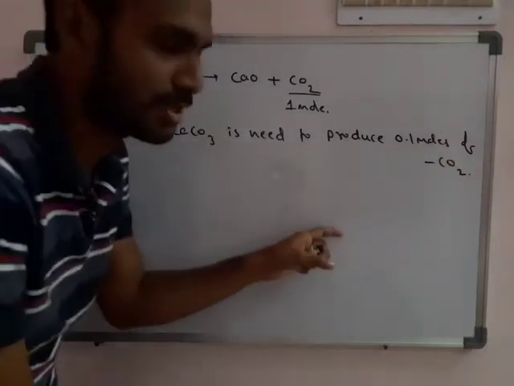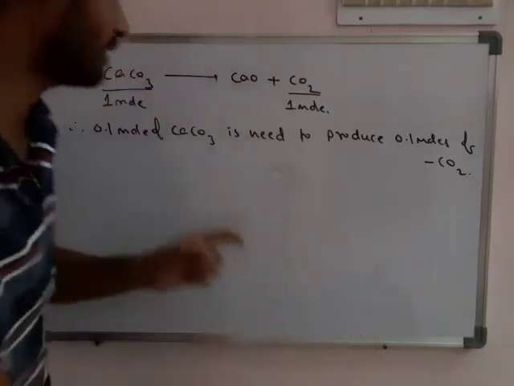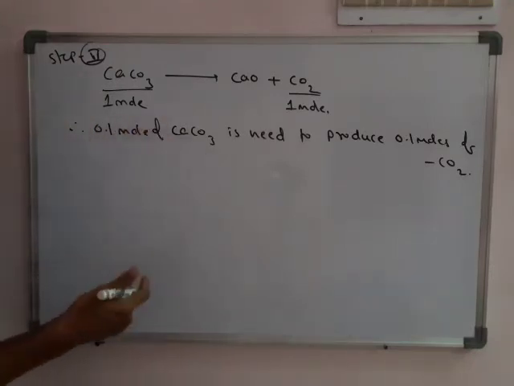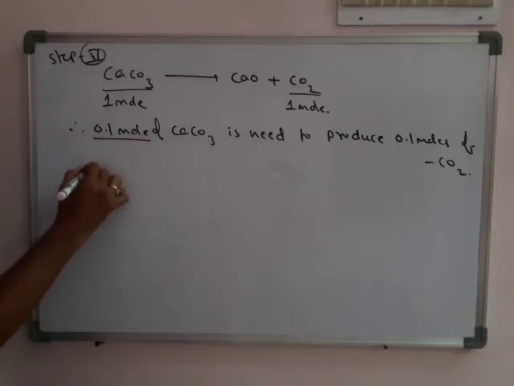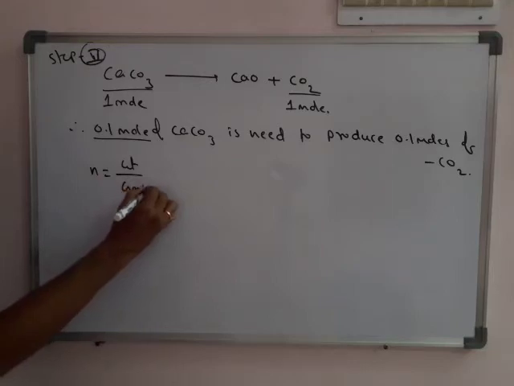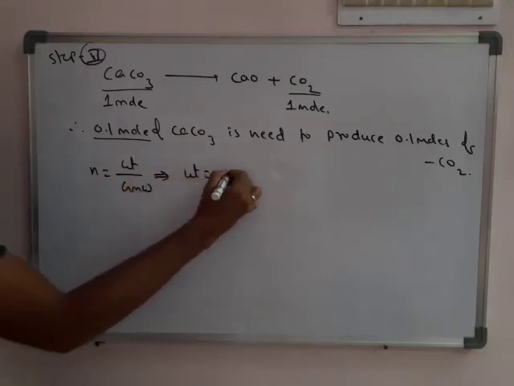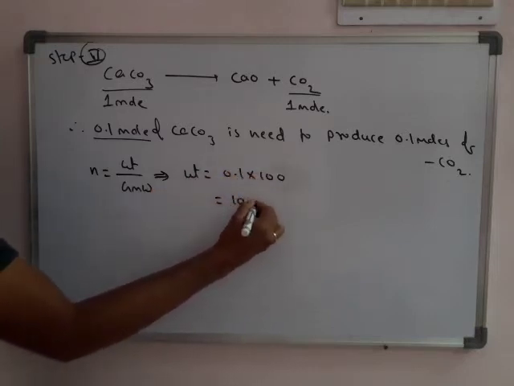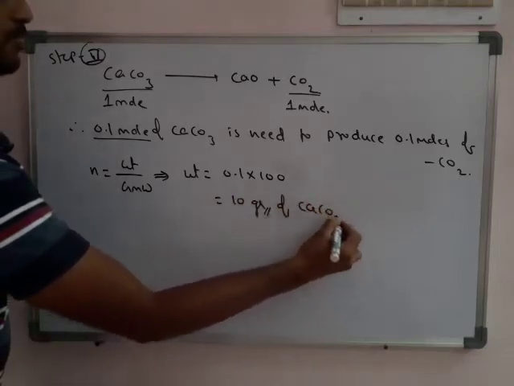Because we need 0.1 mole for the next reaction, to get that 0.1 mole of CO2 again 0.1 mole of CaCO3 is required. This is the answer, but it is asked in terms of mass, so we convert moles into weight. Number of moles equals weight by gram molecular weight, so we have to get the weight. So weight equals number of moles times the gram molecular weight of calcium carbonate, so we need 10 grams of calcium carbonate.